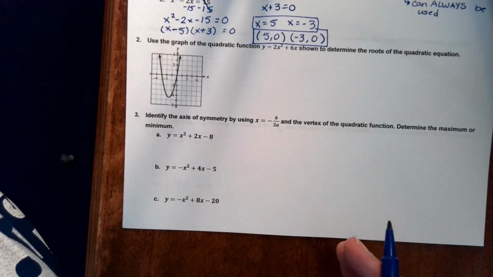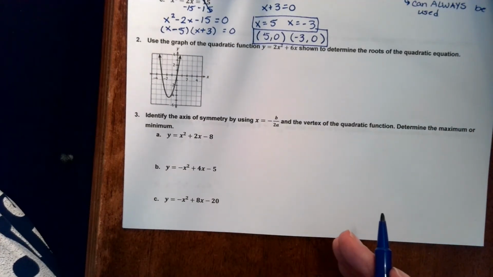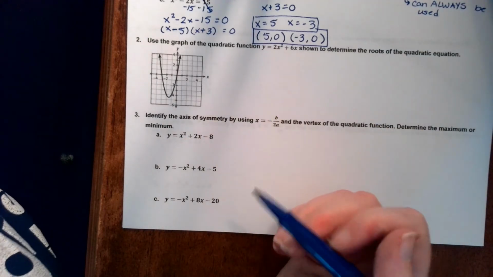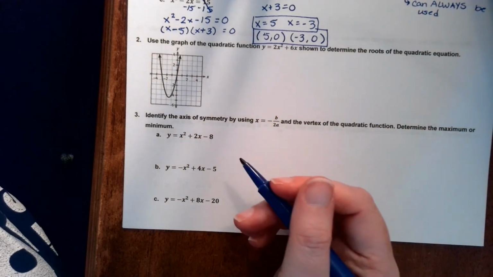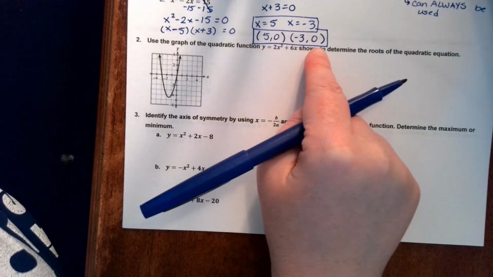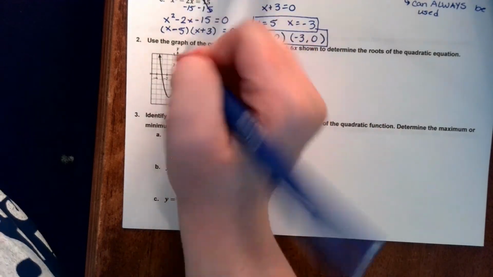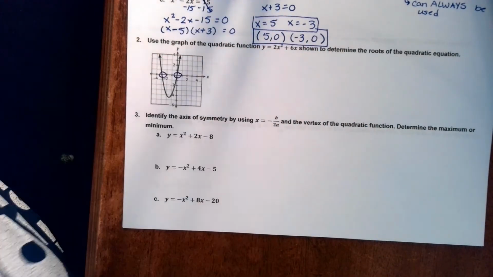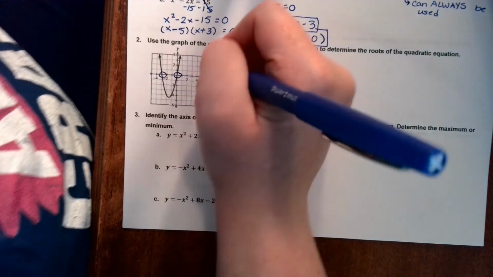Now this is probably easier than factoring. So I've got my equation. I've got the graph of it already. Use the graph to determine the roots. Well, remember, we already said that our solutions are the x-intercepts. So all I have to do is look where it crosses the x-axis.